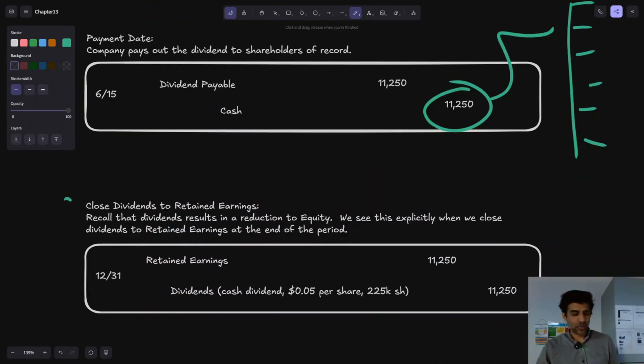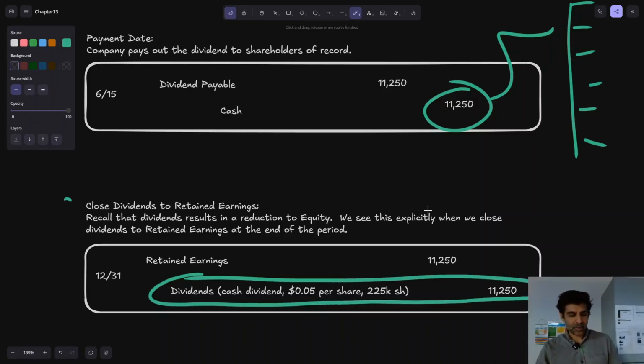As we learned in chapter 4, at the end of your period, this is a temporary account. It's going to go to zero, and retained earnings is going to get reduced by the amount of dividend you paid.